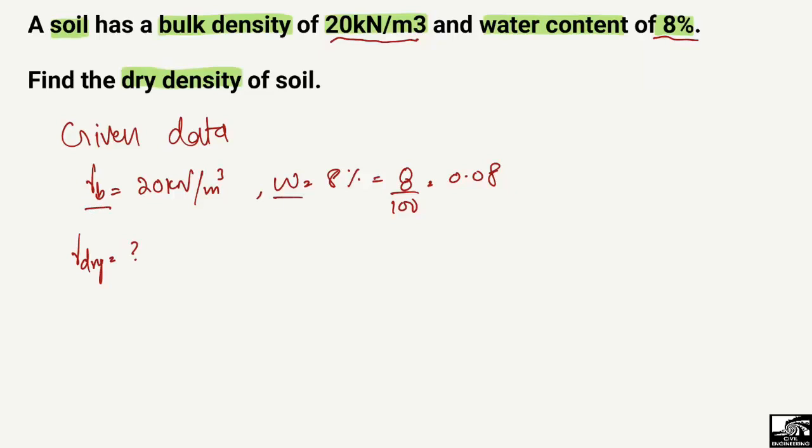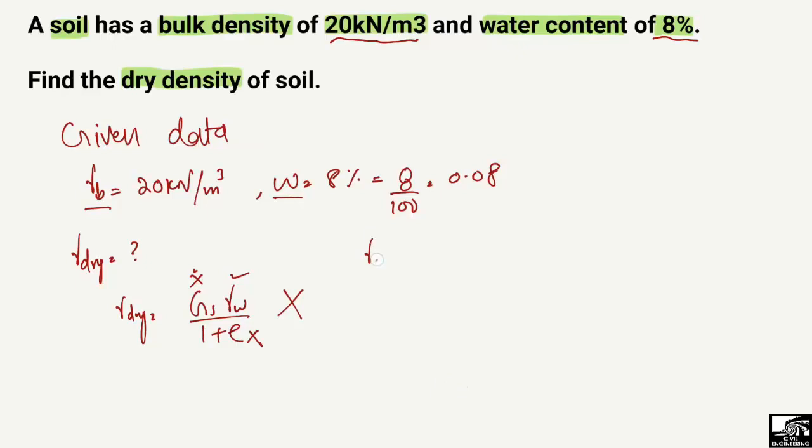For example, we have this equation: gamma dry is equal to Gs, the specific gravity, into gamma water divided by 1 plus e. In this equation we don't have the void ratio and we don't have the specific gravity, so we cannot use this equation because we have two unknowns: one is specific gravity, one is void ratio.